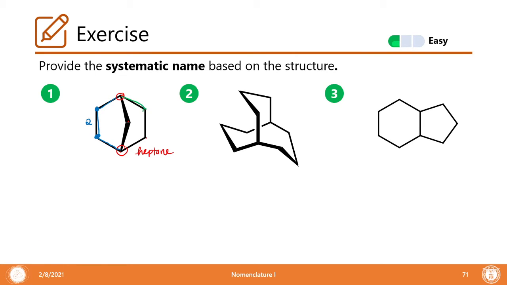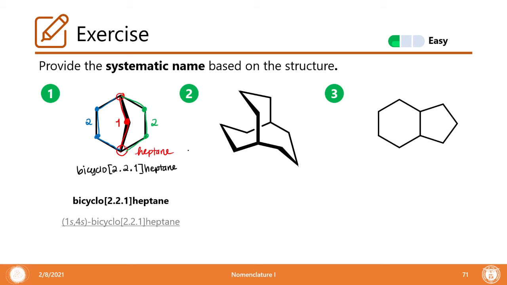On this path, we have 2 carbons as well. And on this path, we have 1 carbon. So when we assemble this name, bicyclo, square bracket, the largest number, 2, full stop, 2, full stop, 1, and close, heptane, no spaces. Bicyclo[2.2.1]heptane.